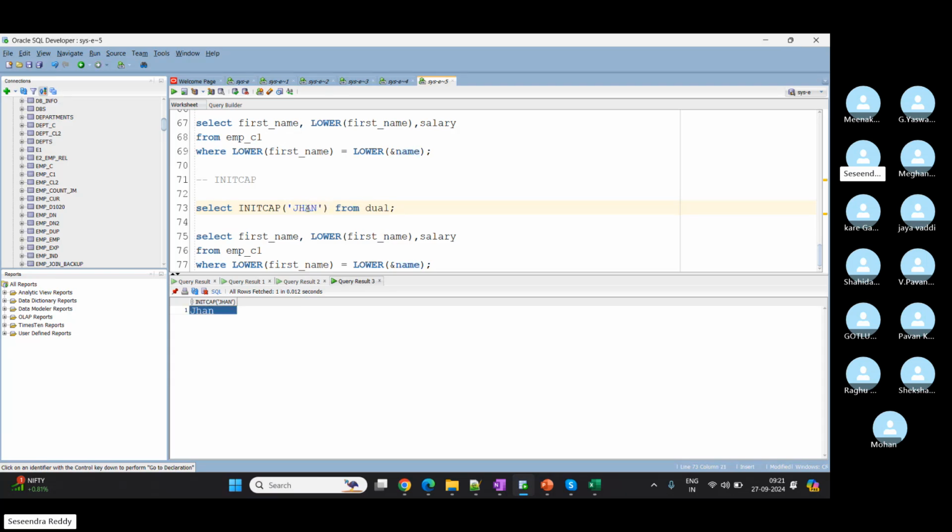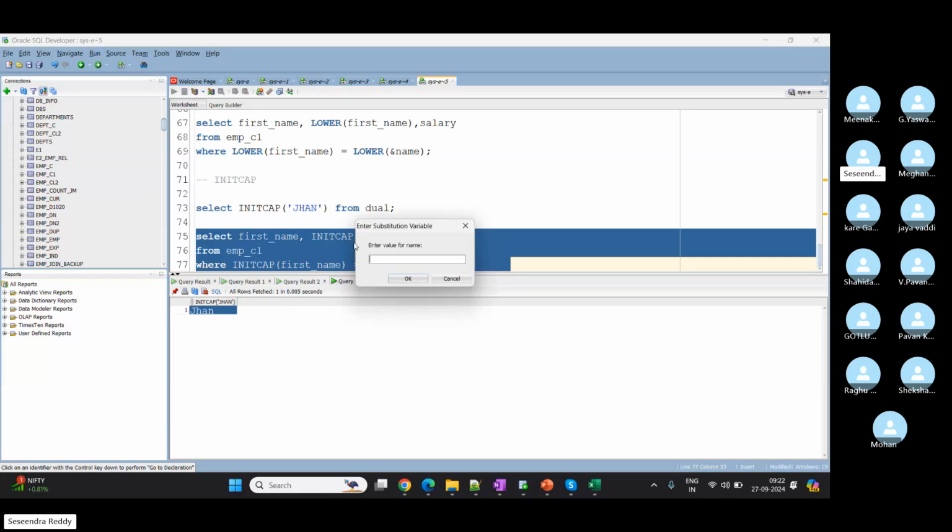My input can be like this also, all in uppercase, but still it will do the same conversion: first character only in uppercase, remaining all characters in lowercase. So if we want to make this data proper, we can use INITCAP. That scenario also we can use, just like our lower and upper, INITCAP.